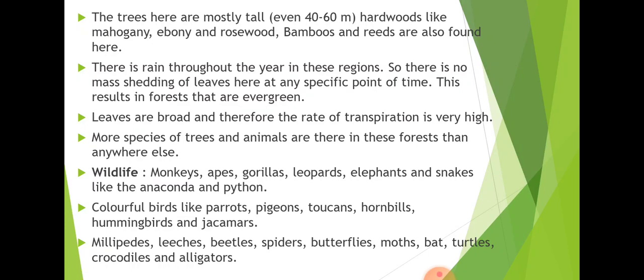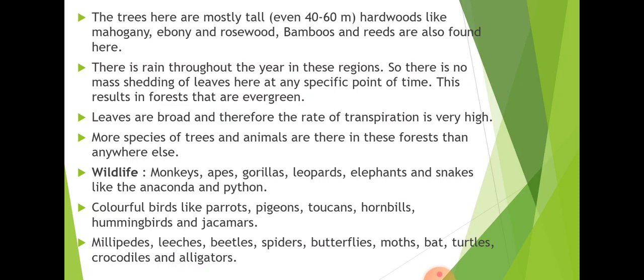So the plants and animals found in these regions are more than anywhere else; the rest of the forests we will read in this chapter. The animals found in these regions are more than in the other ones, like monkey, ape, elephant, leopard, gorillas, snakes like anaconda, python, and there are many species of trees and animals.